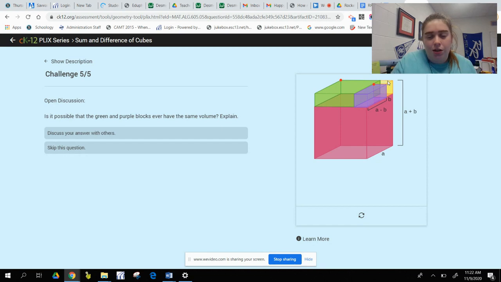We were using this whole volume of all 4 of them minus the green and purple, and that should give us a cubed plus b cubed.